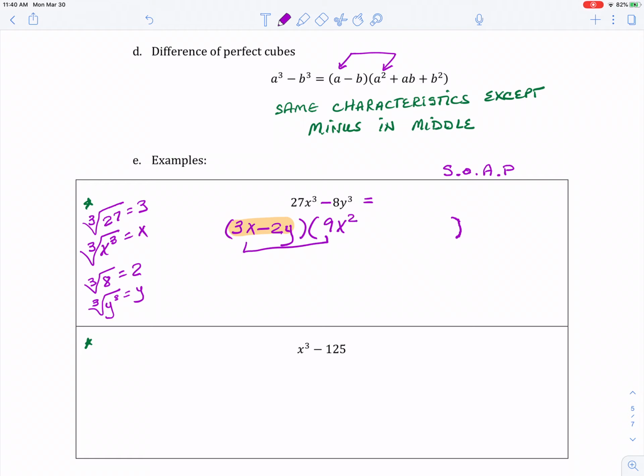Remember that little pattern, 9x squared, where we square. We're going to multiply these two terms together to get negative 6xy, and in here we use the opposite sign. That's what this O stands for.